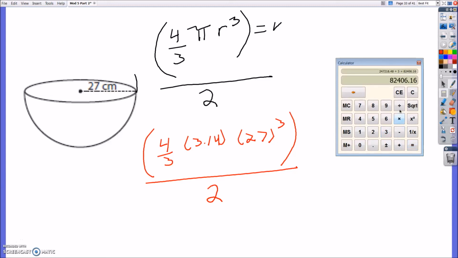But since I want to know what half the sphere is, I'm going to divide the volume of the whole thing by 2, and that'll give me half. Therefore, the volume of half the sphere is 41,203.1. We'll round to the 10th spot. And then it's centimeters cubed.